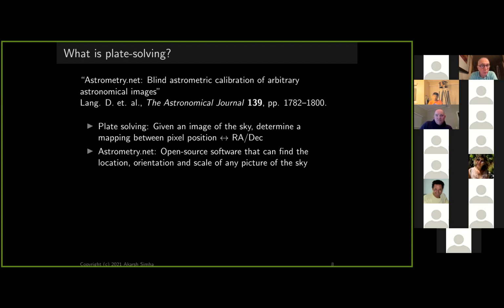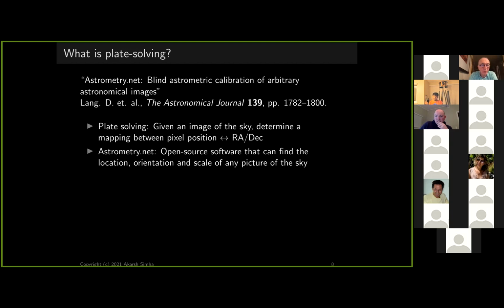You probably know what plate solving is, but in case there's somebody in the audience that doesn't, it's this concept that was introduced in this paper, astrometry.net, by Dustin Lang and others. Basically, it's this idea that given a photograph of any region of the sky, you should be able to give me a mapping from every pixel on that photograph to the RA/Dec coordinates corresponding to that pixel.